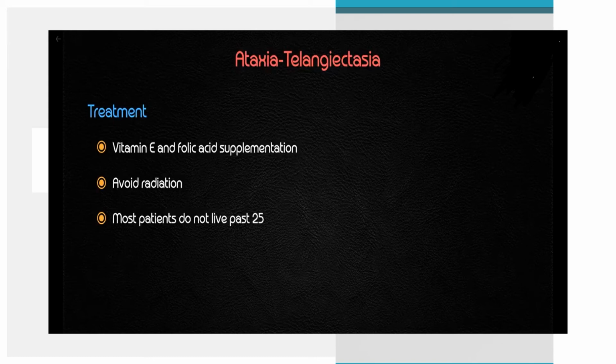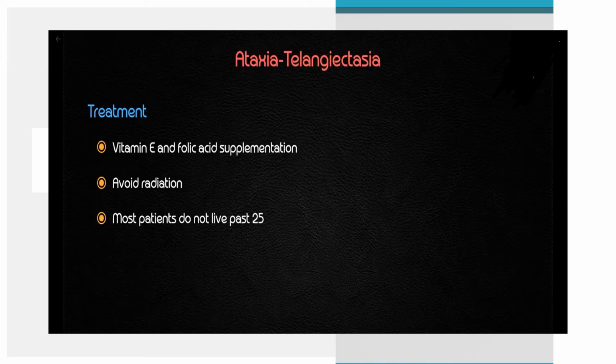Vitamin A and folic acid supplementation act as antioxidants, and radiation should be avoided if possible. Most patients with this condition do not live past 25 years, and many die much earlier. The majority die at 14 to 15 years old. The reason breast cancers are rare in children is that they are mainly seen in patients around age 25. Lymphomas and leukemias are more commonly present by approximately 24 months. So these are the ages for ataxia telangiectasia.